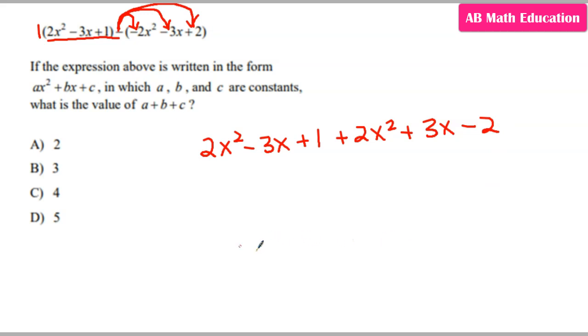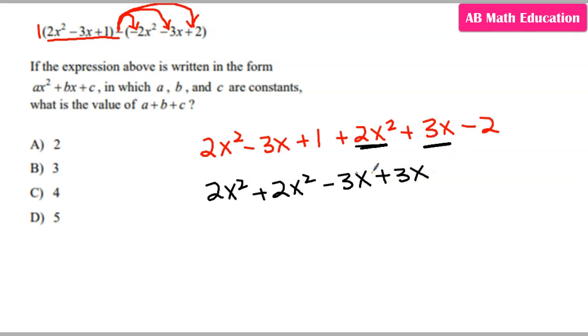So at this moment you can bring the like terms together. See, 2x squared, there's another 2x squared here, so plus 2x squared, followed by -3x, then plus 3x, you write plus 1, and then the constant minus 2. 2 plus 2 will be 4, so 4x squared. Here -3x plus 3x is 0 and you get -1.